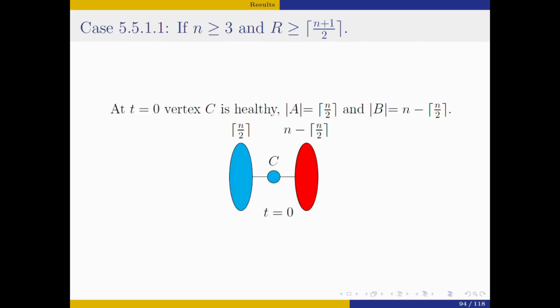Now let's look at more complex cases. In this case, we have n is more than or equal to 3, and R is more than or equal to the ceiling of the quantity n plus 1 divided by 2. We have an initial state where the center is healthy. We have a quantity of the ceiling of n divided by 2 external vertices that are initially healthy and the rest are infected.